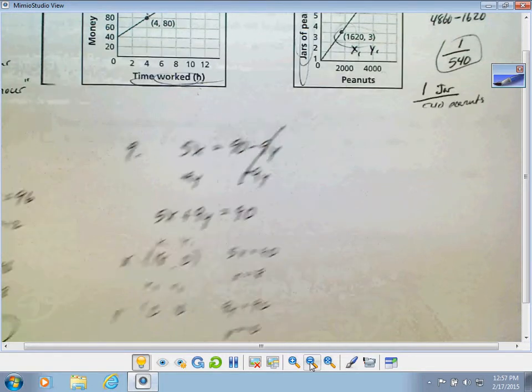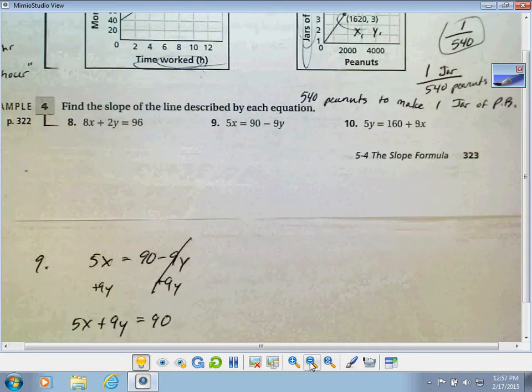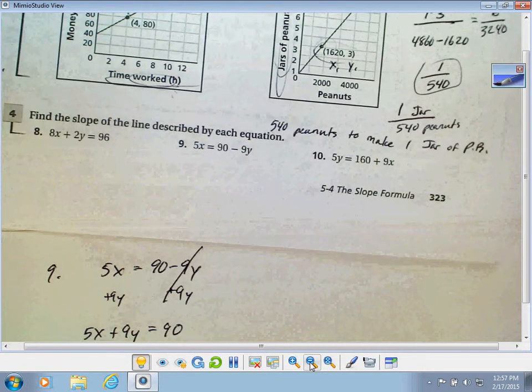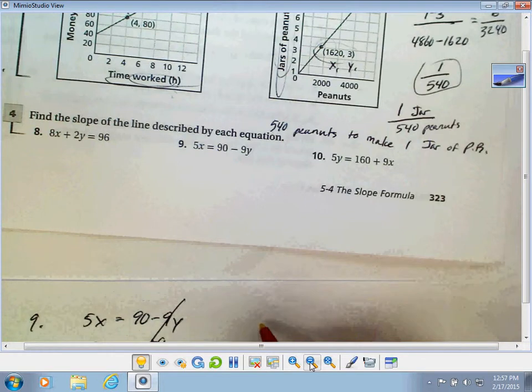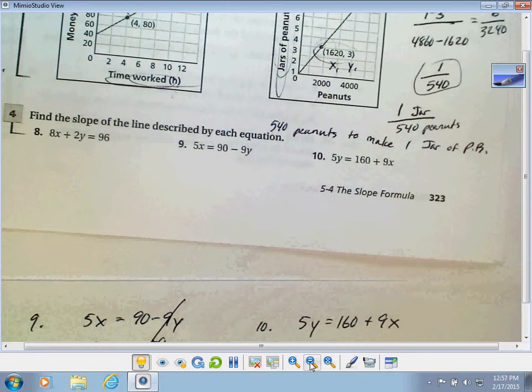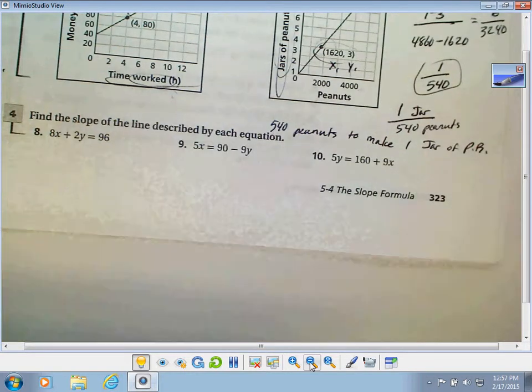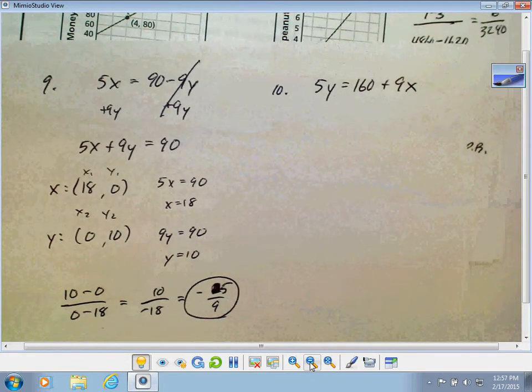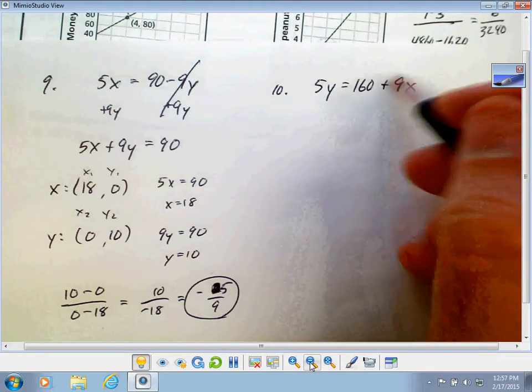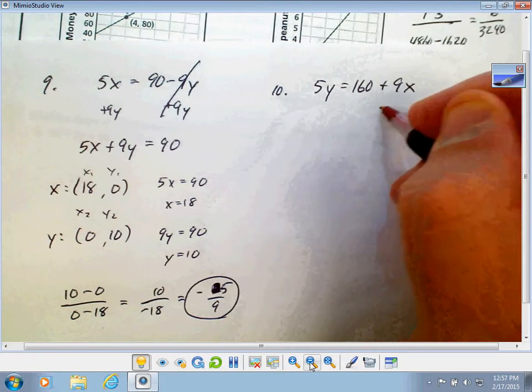Alright, so let's do number 10 in the same way. 5y equals 160 plus 9x. So maybe you can see that again we want this 9x to be over here with the y, so I'm going to subtract it away.